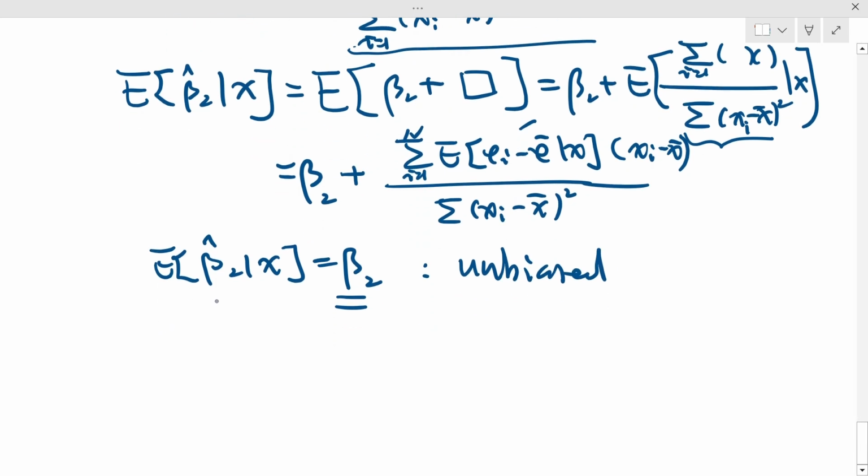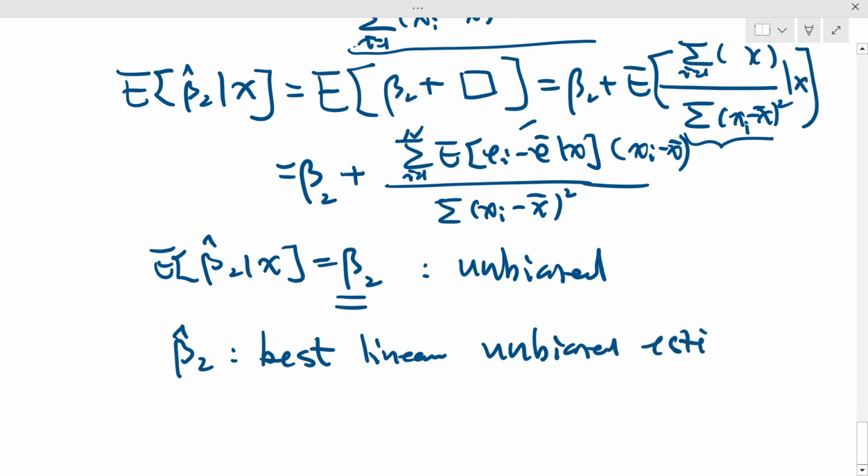In addition, I will not show it here, but beta hat 2 is also the best linear unbiased estimator. It's unbiased, we see it. It's linear, we see it. What do we mean by best?